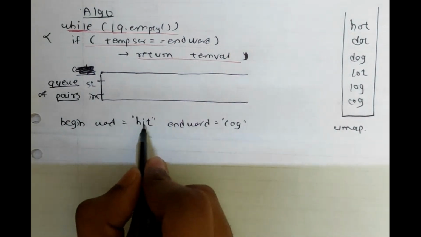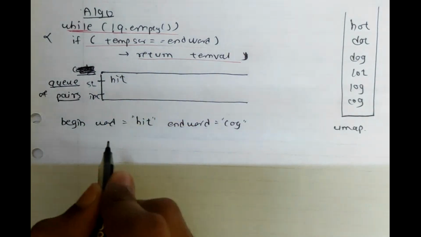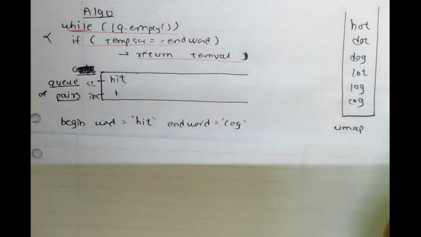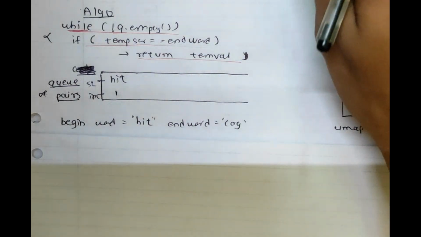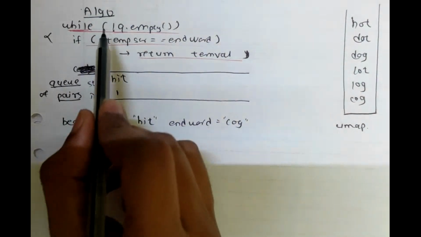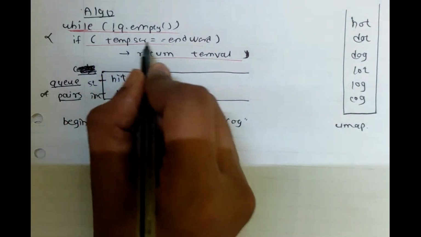First we will put the begin word in this queue, which is hit, along with a value which is 1. So after putting the value, we will check if the queue is empty or not. First we will check temp str.